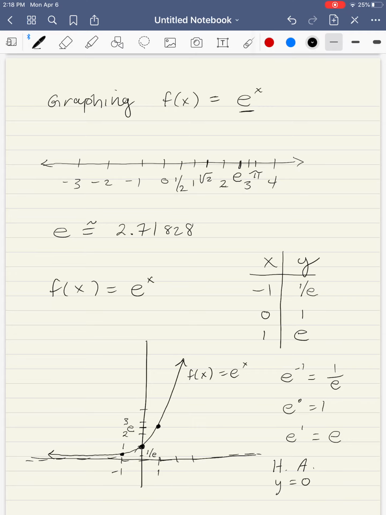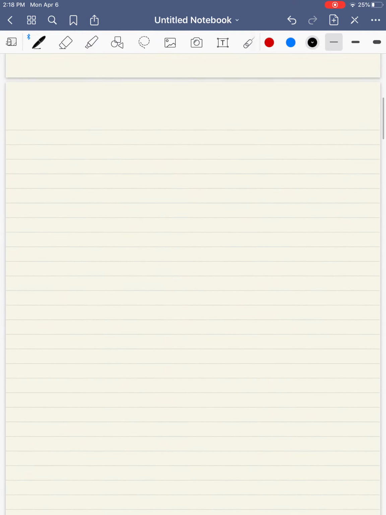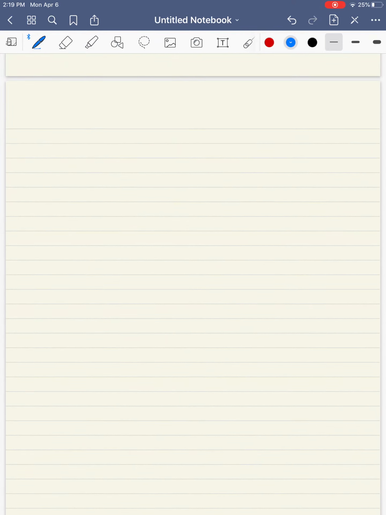And we draw our exponential curve, f of x equals e to the x power. Now that we've graphed our basic function e to the x power, we can do transformations. So for instance, say we have the function g of x equals e to the x plus 4.